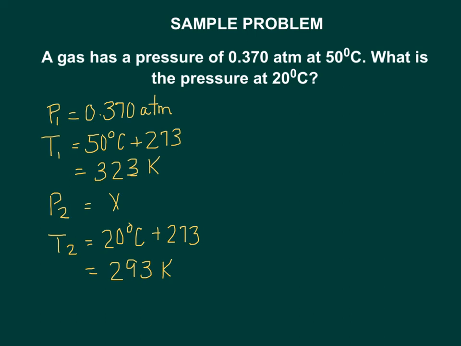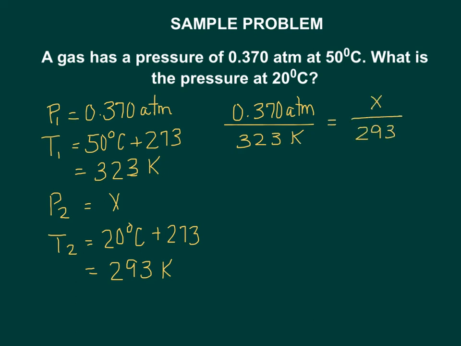Now we plug our values into our equation for Gay-Lussac's law. P1 divided by T1 equals P2 divided by T2. 0.370 atmospheres divided by 323 Kelvin equals X divided by 293 Kelvin. When we cross multiply, we get 0.370 atmospheres times 293 Kelvin equals X times 323 Kelvin.